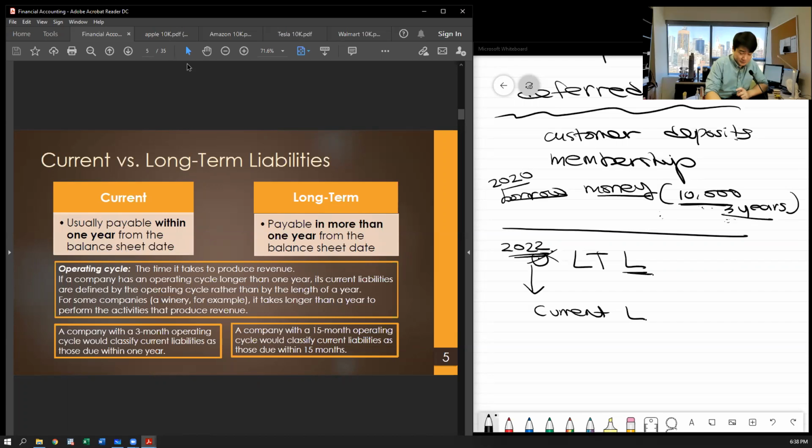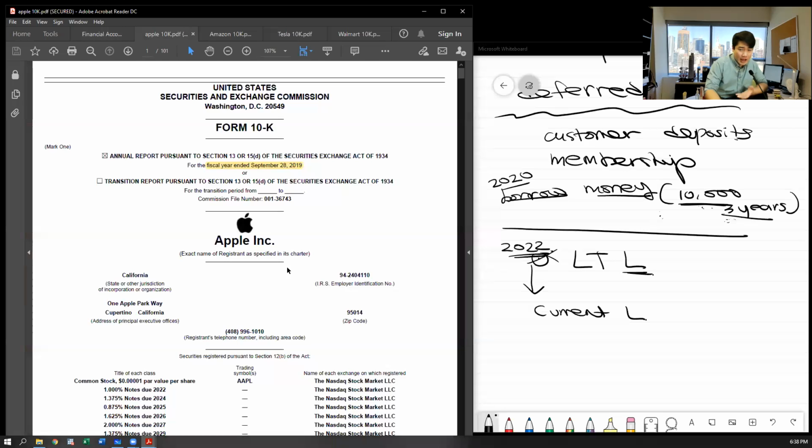For example, let me just pull up Apple here. Apple elects the end of September, September 28th or September 29th, as the cut of the end of the year. So for Apple, September 28th, 2018 to September 28th, 2019 is the 1-year operating cycle for that company.